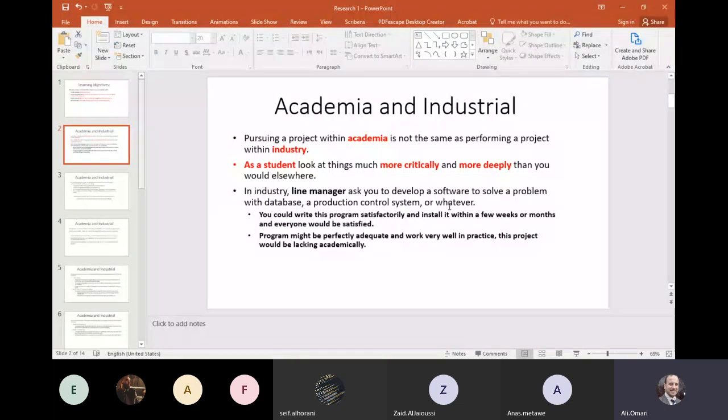It will be literally solving this issue without thinking academically, where you have to think more critically and more deeply about the project, the situation, or the problem being solved.